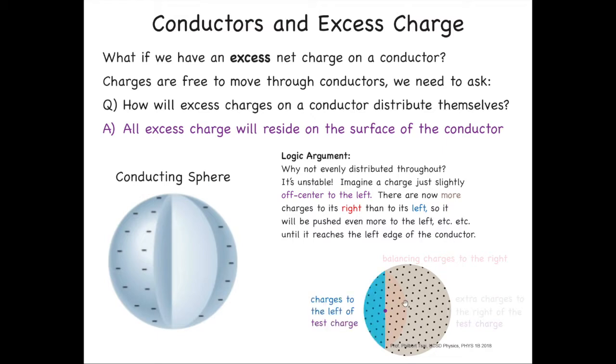Another way you can see this is if you imagine these are the charges that are to the left of it. These are the ones that are trying to push it to the right. Well, I could balance that force perfectly with an equally sized and shaped volume to the right of it, which would be this thing, right?